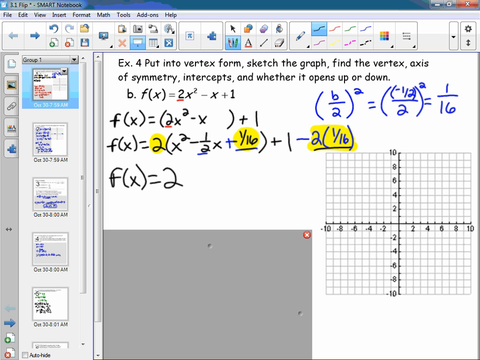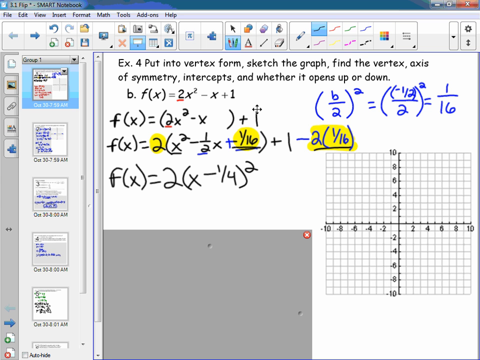So we'll have 2, and then we created a perfect square trinomial, so the square root of x squared will be x. We have minus 1/2 x, so the sign will be minus. And then we'll take the square root of 1 over 16, which would be 1/4.